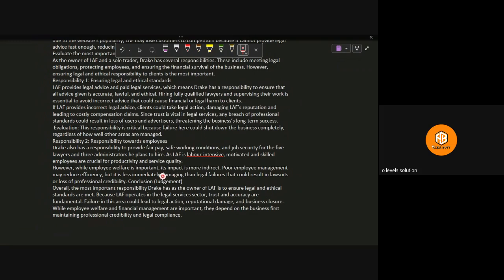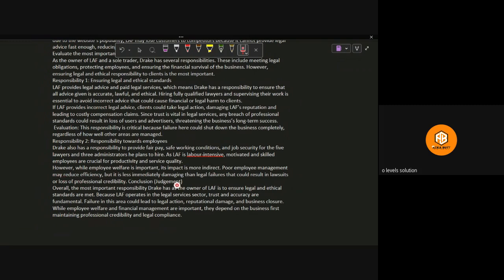But if he does not take the first responsibility seriously, it will immediately damage his business and his reputation. Legal failures could result in lawsuits, meaning different cases, or loss of professional credibility.